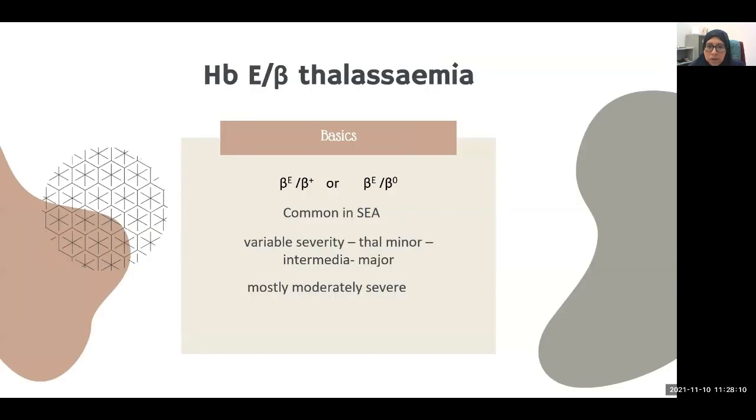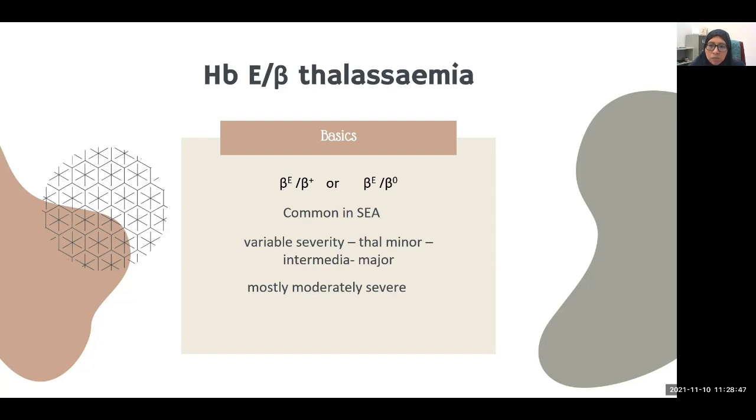Okay, the most important one is HbE beta thalassemia, in which HbE is co-inherited with beta thalassemia. It can be inherited with beta plus thalassemia, in which some amount of HbA is still produced, or beta naught, or beta zero, in which the mutation causes no normal beta globin chain to be produced, so they will have no HbA. This is also common in this part of the world, and the severity can vary between thalassemia minor, intermedia, or major.